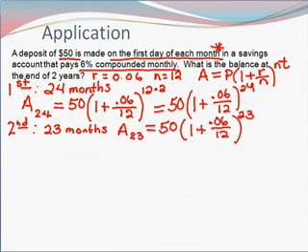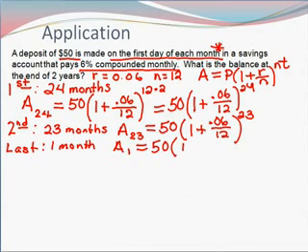Let's skip down and take a look at what the last month would look like. That deposit would spend only 1 month earning interest. So its equation, A1, is going to equal 50 times 1 plus 0.06 over 12, and it's to the first power.